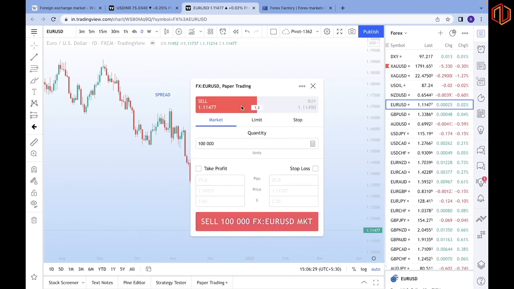That means if you're trying to buy this currency pair, you are going to be paying 11490. If you're going to short this currency pair, you're going to be getting it at 1147. Okay, so this is nothing but bid and ask. This is your bid price, this is your ask price. This difference of 1.3 pips is called a spread.